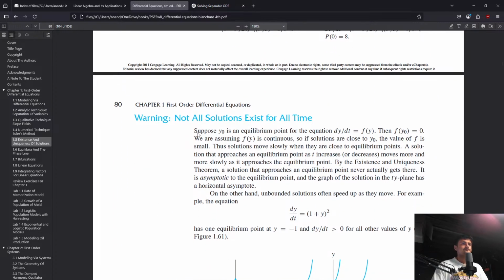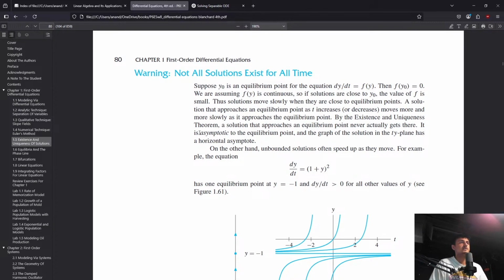Warning. Not all solutions exist for all time. Suppose y0 is an equilibrium point for the equation dy/dt equals f of y. Then f of y0 is equal to 0. We are assuming that f of y is continuous.